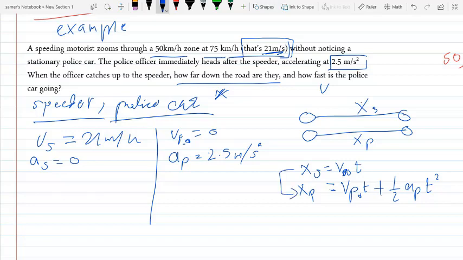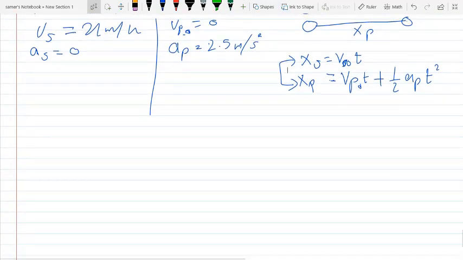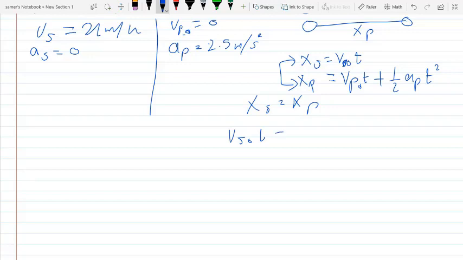And because the two distances are the same, we make xs equal to xp. So v0s t equals v police 0 t, which is 0 because the police car starts motion from 0, plus 1/2 a police t squared.